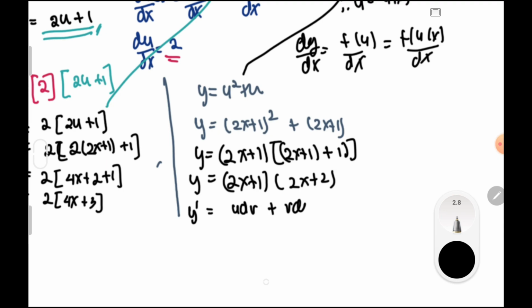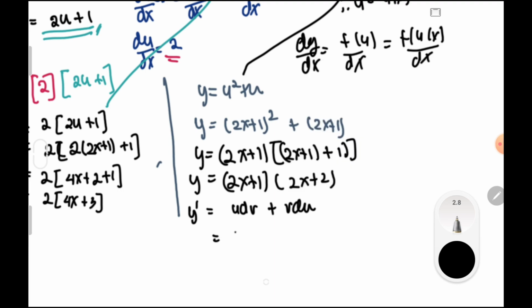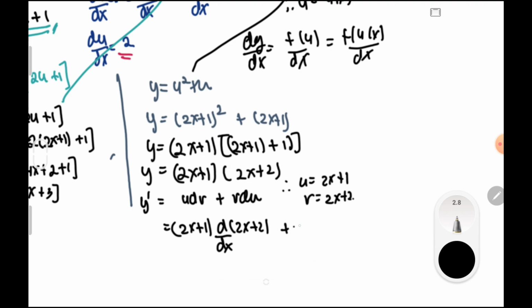So getting its y prime using our product rule, we'll have y prime is equal to u dv plus v du. From this we have u equal to 2x plus 1 and our v equal to 2x plus 2, so we'll have 2x plus 1 multiplied by the derivative of 2x plus 2 with respect to dx, plus our v, which is equal to 2x plus 2, multiplied by the derivative of 2x plus 1 with respect to dx.